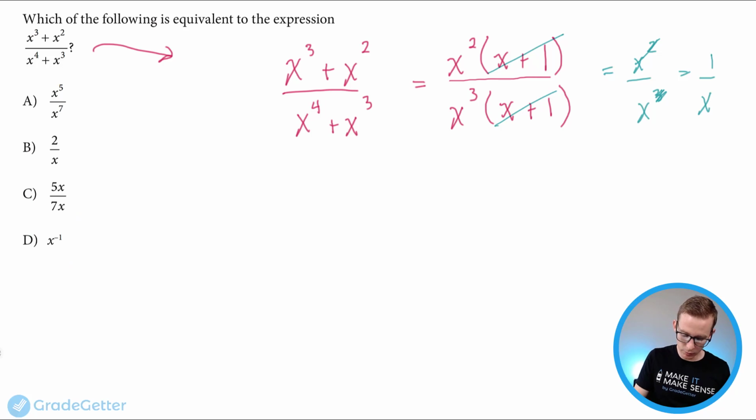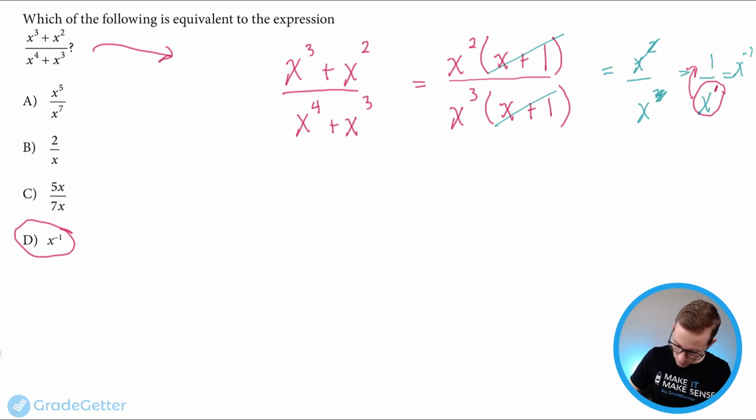However, I could rewrite this as an x to the minus 1, right? There's technically a 1 exponent written here, x to the 1. We just don't usually write that exponent out. So then to bring this expression up top, you make the exponent negative. So D is going to be our correct answer.